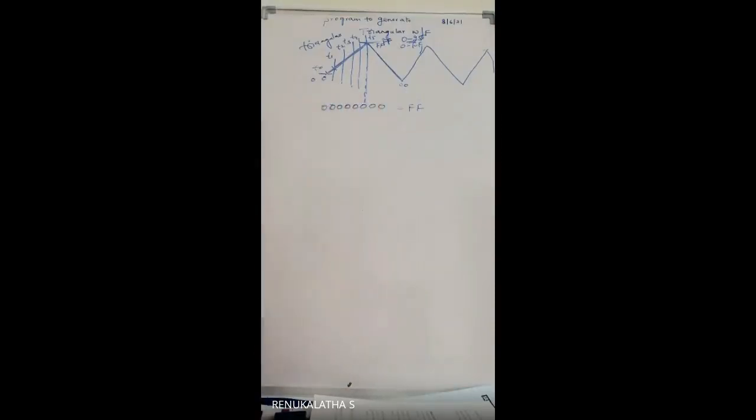I have sent 0, 0. What should be the next value? What's the maximum limit if I start with 0, 0? If I start with 0, 0 at this point, what is the maximum limit?